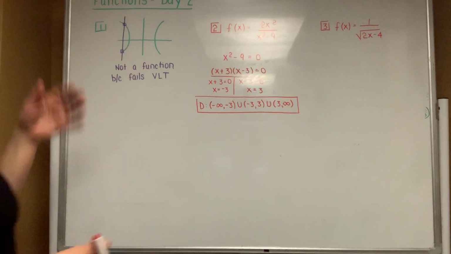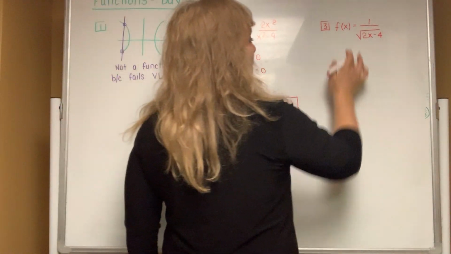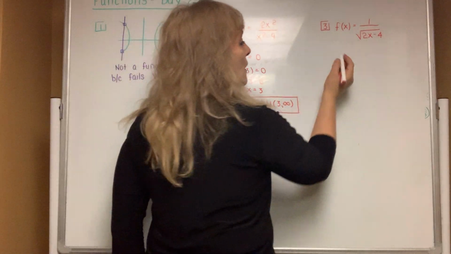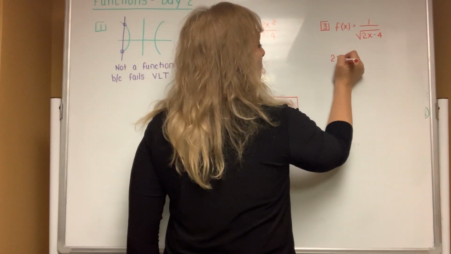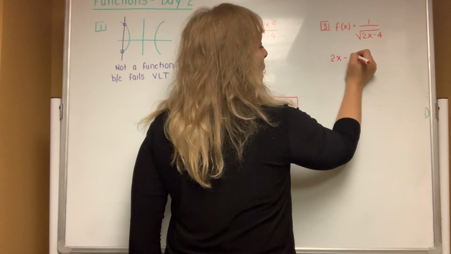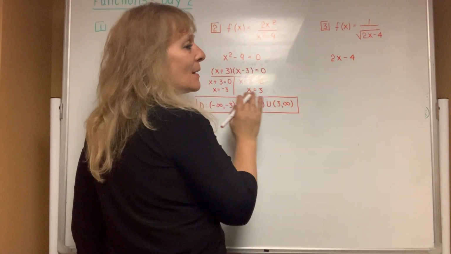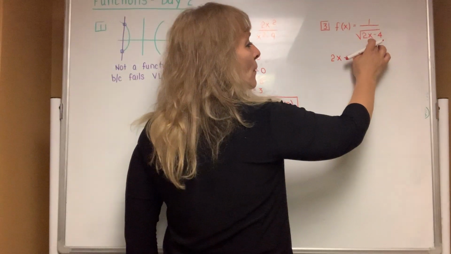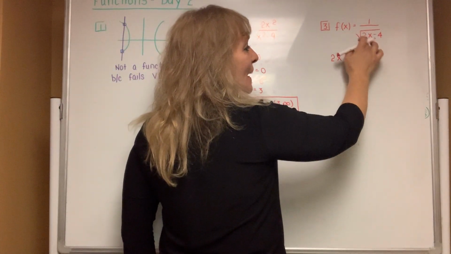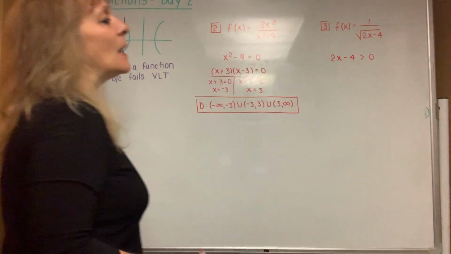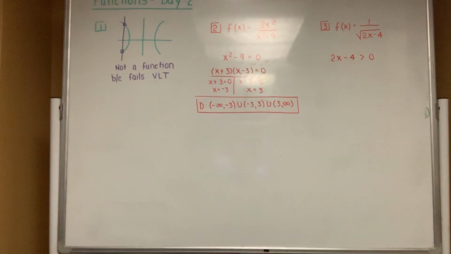Now, you have a radical and you're not allowed to have a negative number underneath. So you have to make sure that the radicand is more than 0 and never negative. 0 can't be in the denominator and negative can't be underneath a radical, which forces me to say that the expression 2x minus 4 has to be greater than 0.